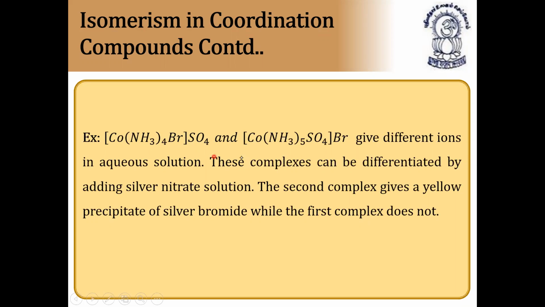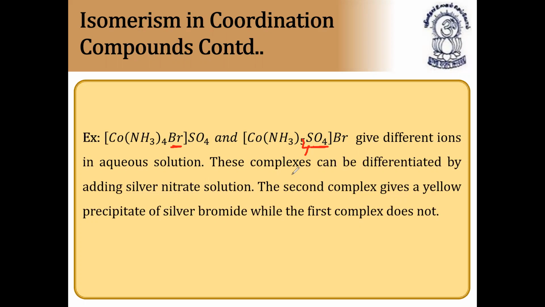And the other is pentaammine sulfato cobalt(III) bromide. In the first coordination entity the ligand is bromide, and in the second coordination entity the ligand is the sulfate ion. Bromine goes outside and sulfate comes inside for the second isomer. Actually this should be 4 only, because it will not change the compound. So: Co(NH3)4BrSO4, and Co(NH3)4SO4 in bracket, and Br.